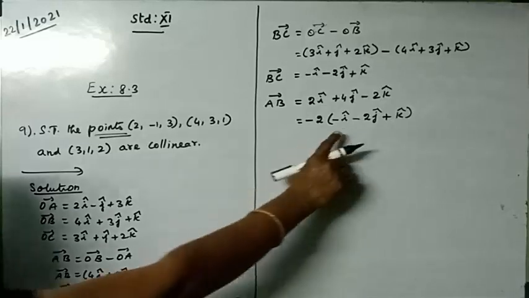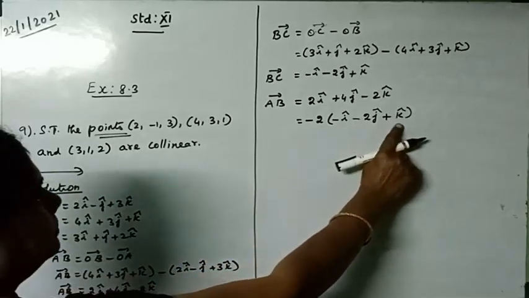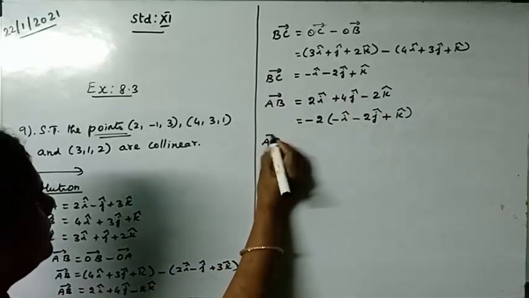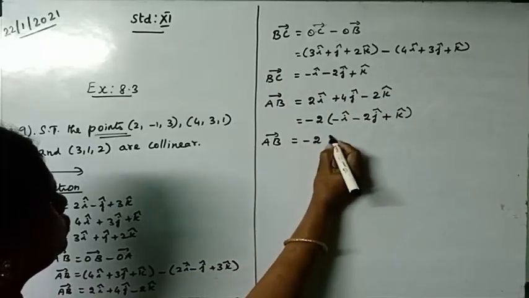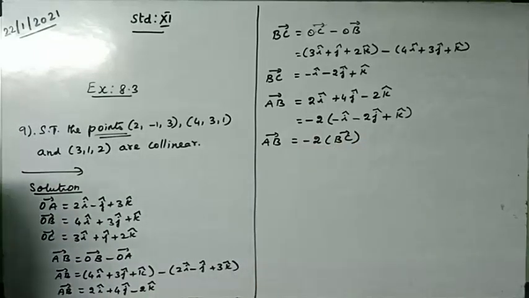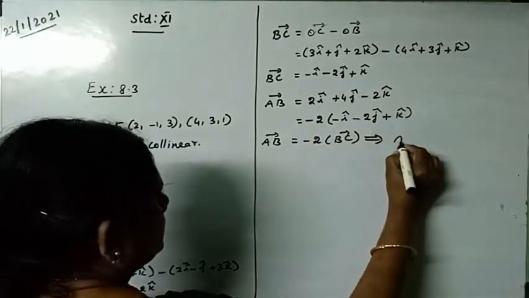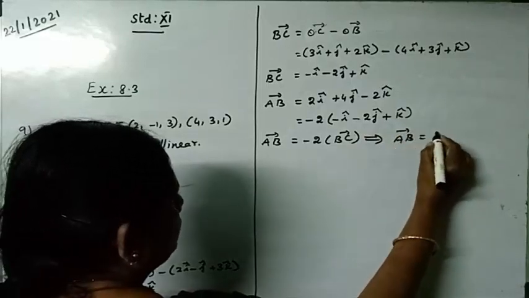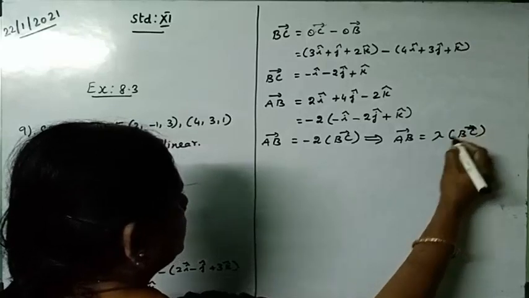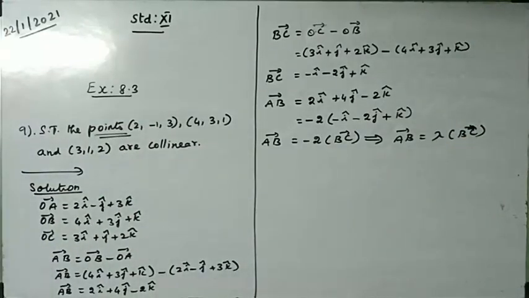But here minus i cap minus 2j cap plus k cap is the BC vector. So AB vector is equal to minus 2 into BC vector, which implies AB vector is equal to some scalar of BC vector. What does that say? These two are parallel, therefore they are collinear.